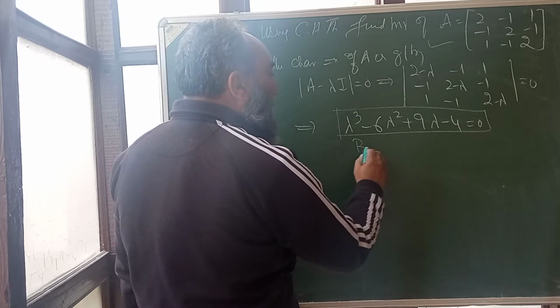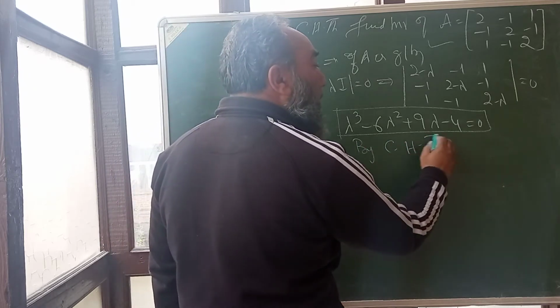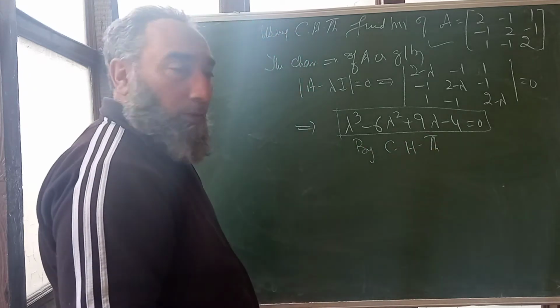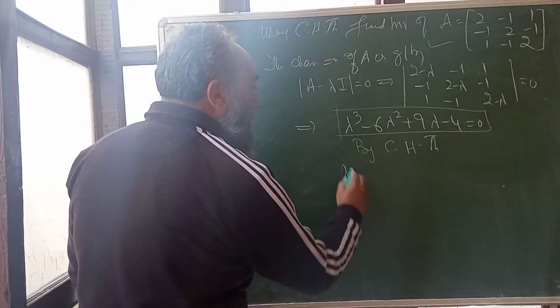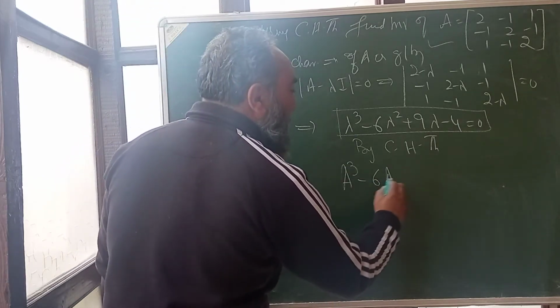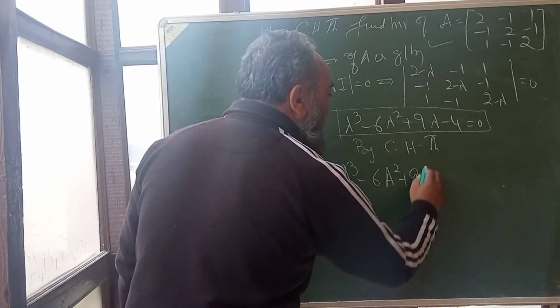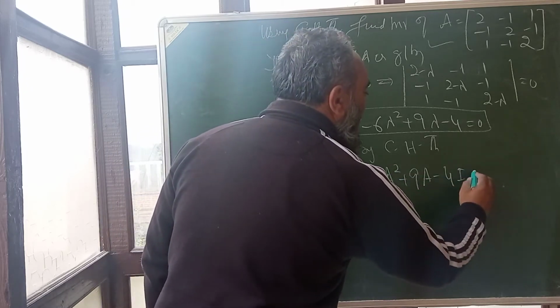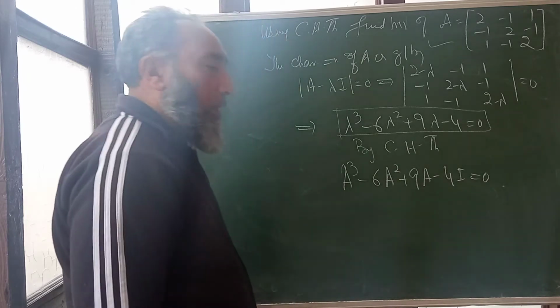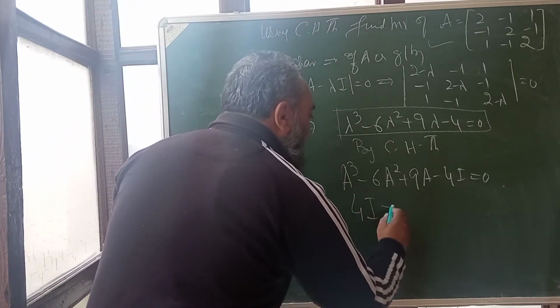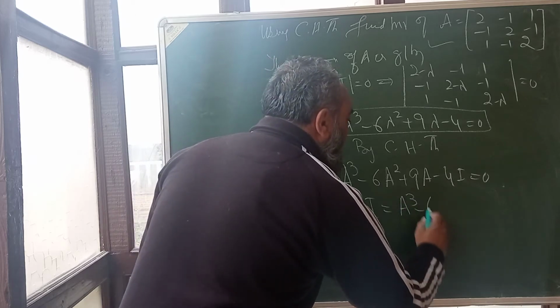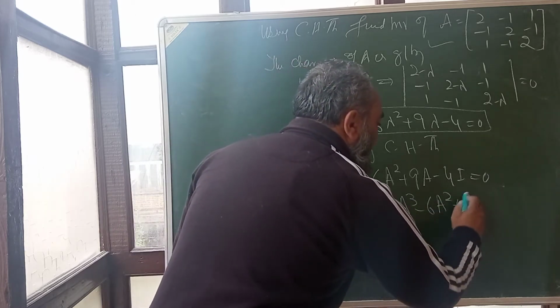Now by the Cayley-Hamilton theorem, you can always verify it. I will now write, by the Cayley-Hamilton theorem, A cube minus 6A square plus 9A minus 4I is equal to 0. I have to find the inverse, so 4I is equal to A cube minus 6A square plus 9A.